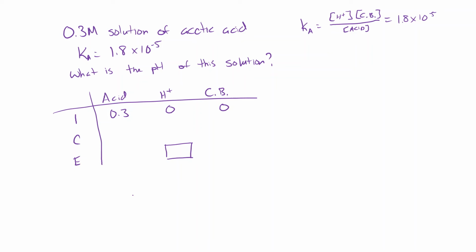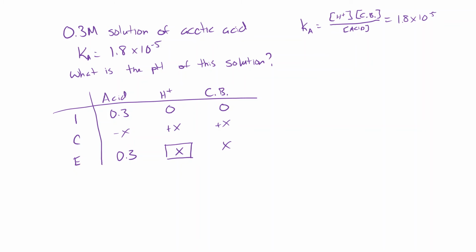So now we need values in these equilibrium things. We don't have any changes that we can figure out, so we have to use x. So this value is x, this value is x, and this value is 0.3, right? Because we're cheating, right?